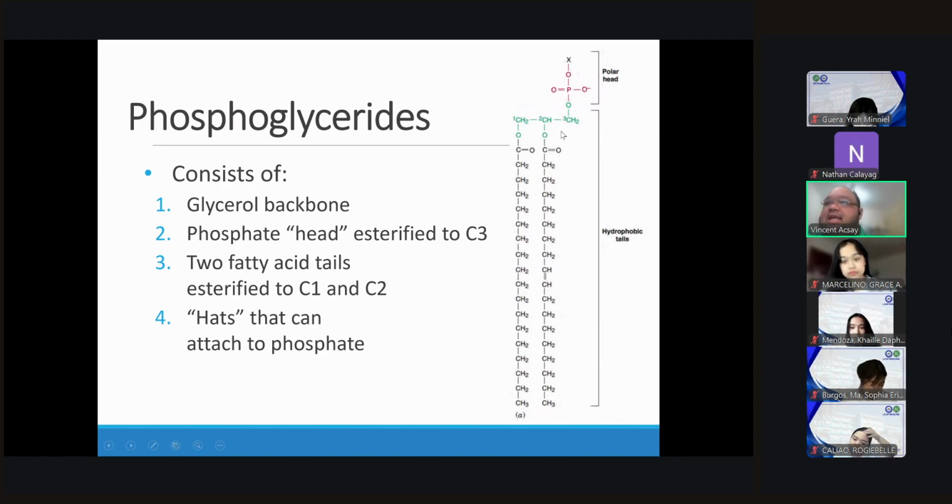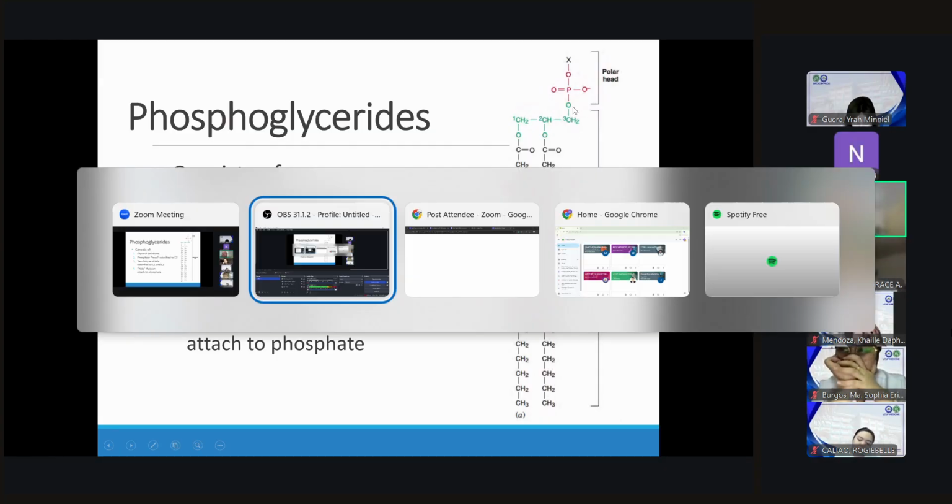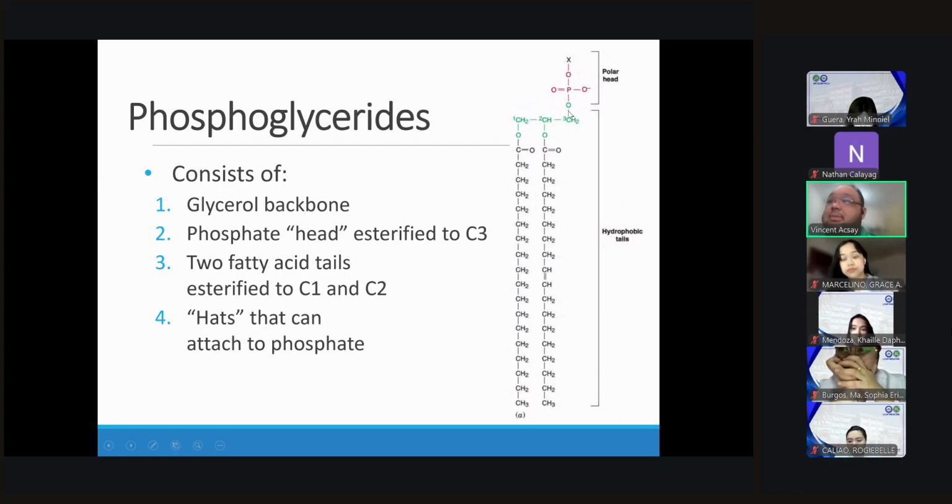Glycerol being a 3-carbon structure with a phosphate head esterified to C3. Esterified meaning it contains an ester bond, which is in this case carbon 3 of your glycerol backbone connected by a single bond with oxygen, bridging to a phosphate, PO3.